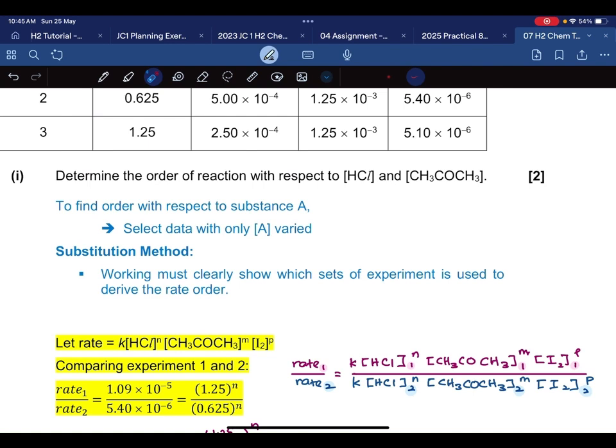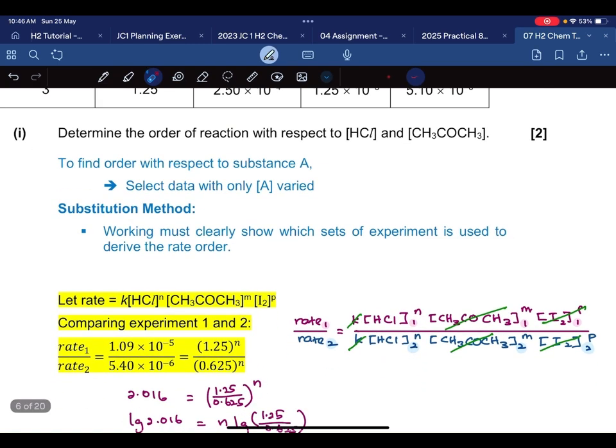So when we are comparing experiment 1 and 2, do take note that because the concentrations of the propanone and iodine are constant, they will not impact the ratio of the rate of experiment 1 and 2. Now we will also expect the rate constant to be constant because the experiments are supposed to be carried out under the same temperature. So therefore, we will know that the ratio of rate of reaction 1 to 2 is going to be impacted by the concentration of the HCl only.